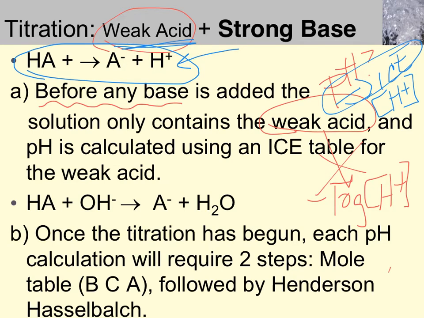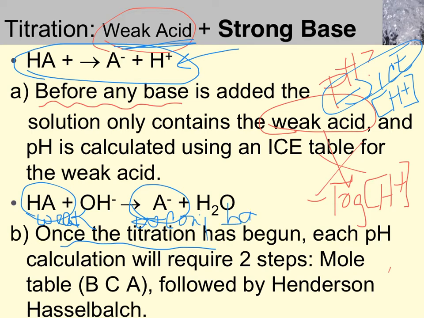Once you begin the titration, what you end up with is the original weak acid, and assuming you haven't reached the equivalence point, you have also generated some of the conjugate base. So what do you have when you have both a weak acid and its conjugate base? You have a buffer.